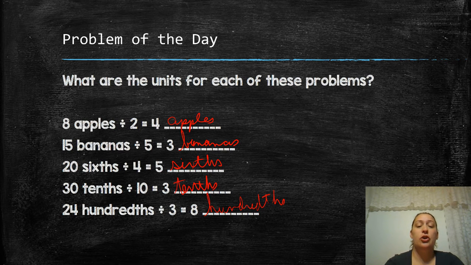Now, something I want you to note is that each of these is divided by a whole number. So everything we're talking about today is about dividing a decimal by a whole number, not a decimal by a decimal.